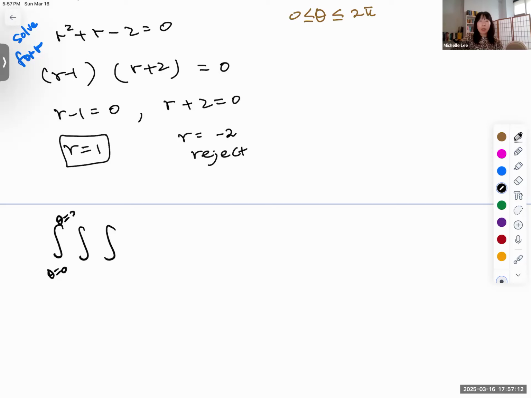The integrand is a function in terms of r, so it is harder. So z goes from the lower limit, r, to the upper limit, 2 minus r squared, as we had earlier, and r goes from 0 to 1. Now we have to put the r.